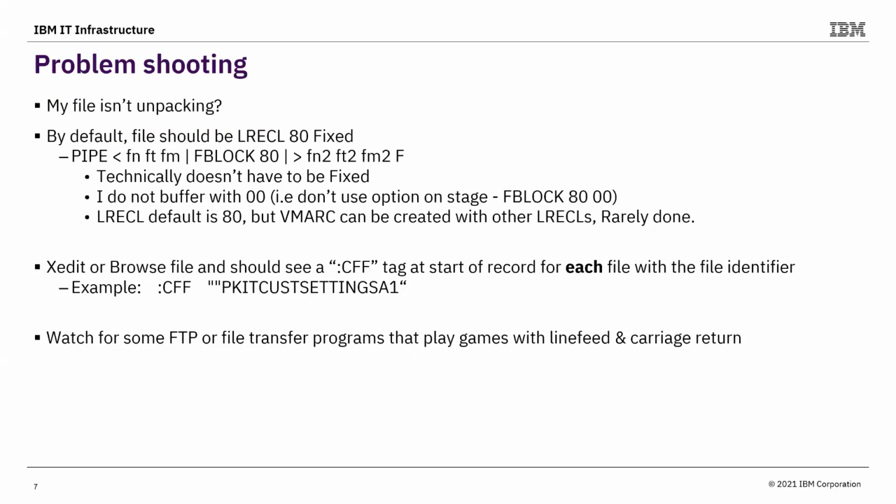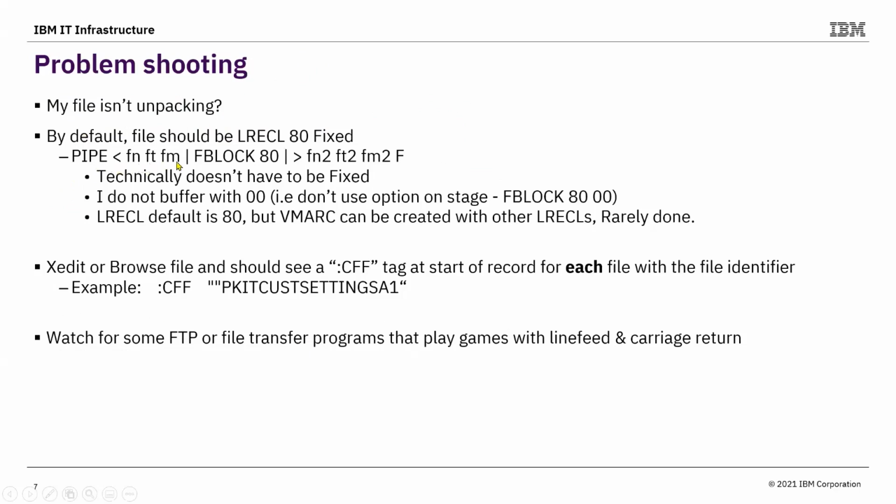So by default, the file should be lrecl fixed, right? So when you get your VMARC file, if it's not that, you want to do some things to try to make that so. Now, there's a couple different strategies on this. I'm going to share my approach to it, and that's to use this pipe statement here.